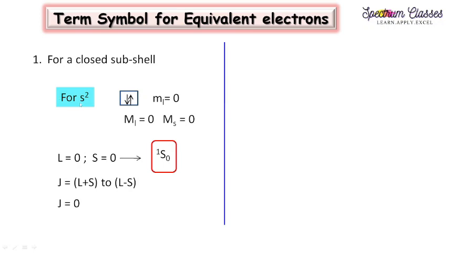Say I'm taking the example of the simplest one, s2. S2 has a maximum of 2 electrons with antiparallel spin, as I told you earlier. And for this s, we have ml equal to 0. This corresponds to capital ML, meaning for both the electrons it is 0, and again Ms is equal to 0, as both are in antiparallel spin.